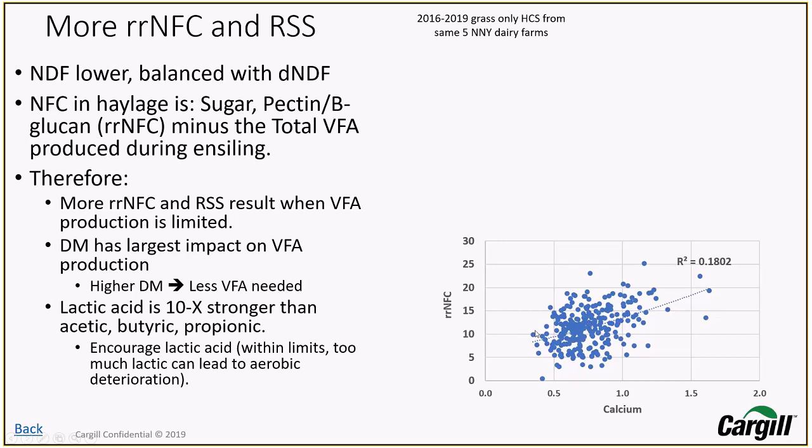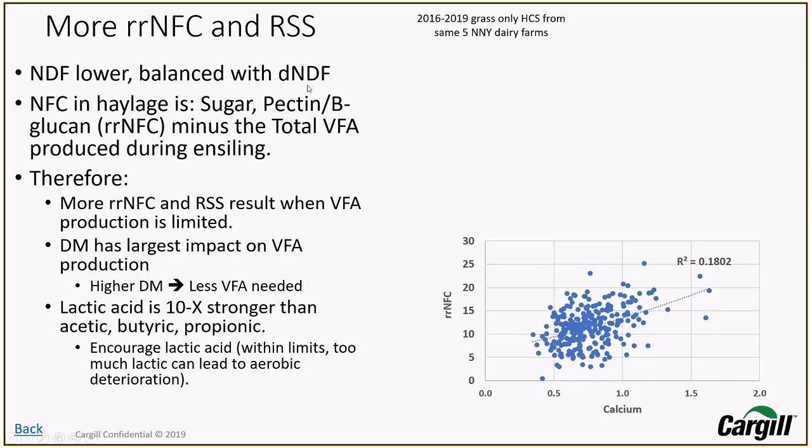The range here is fairly narrow, but in general, a legume is going to have more pectin and beta glucan than grasses, but lower NDF, balancing that with DNDF.